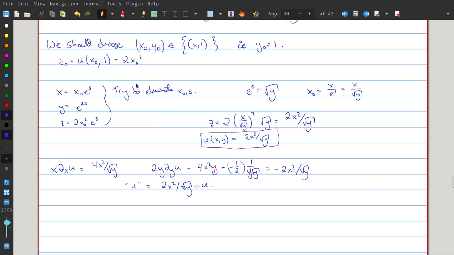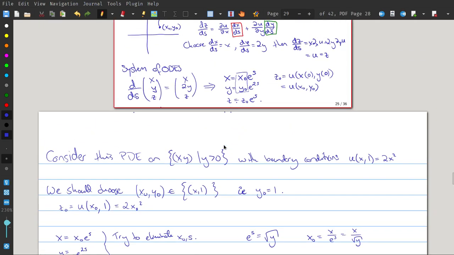And so then it's an algebraic matter of eliminating x0 and the parameters for the initial point and the parameter along the curve, and getting at the end z equals some function of the space variables x and y, or in other words, getting the solution for u. All right, so those are the two steps for the method of characteristics.